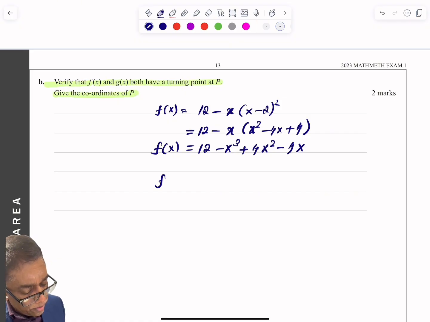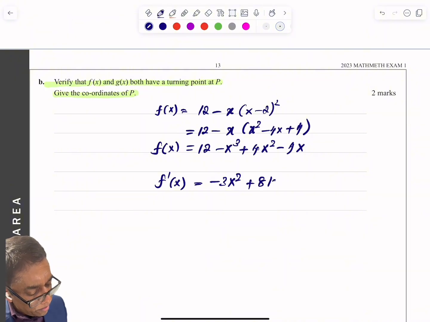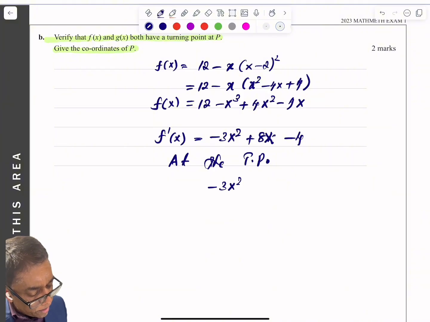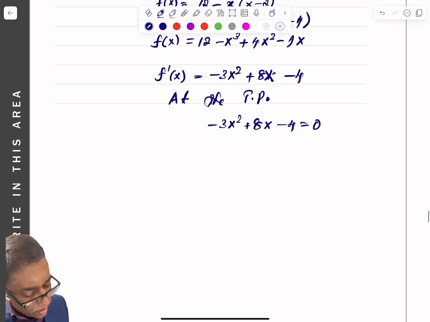It is negative 3x squared plus 8x minus 4. At the turning point, negative 3x squared plus 8x minus 4 is equal to 0, so 3x squared minus 8x plus 4 is equal to 0.